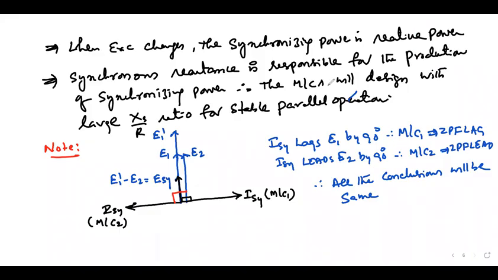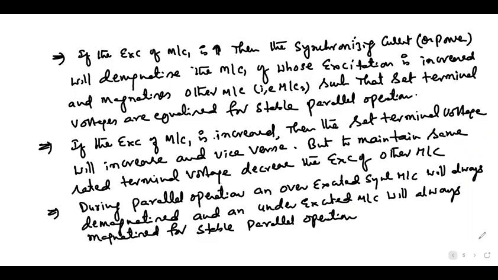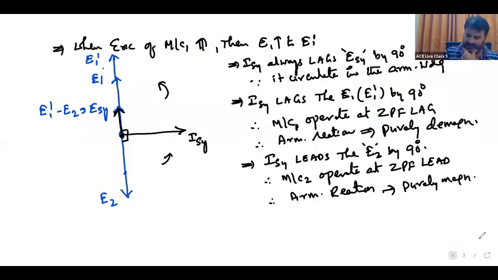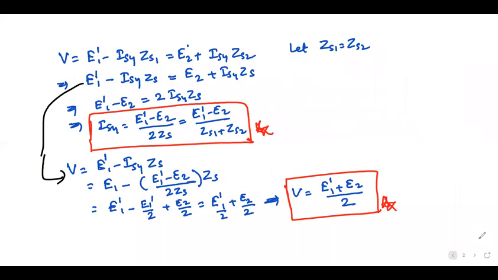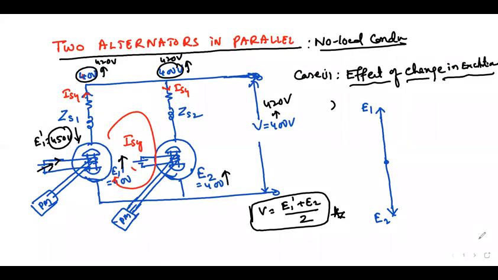Good evening, tell me. Sir, when E1 increases, when E1 goes from 400 volt to 420 volt, the terminal voltage will also increase.